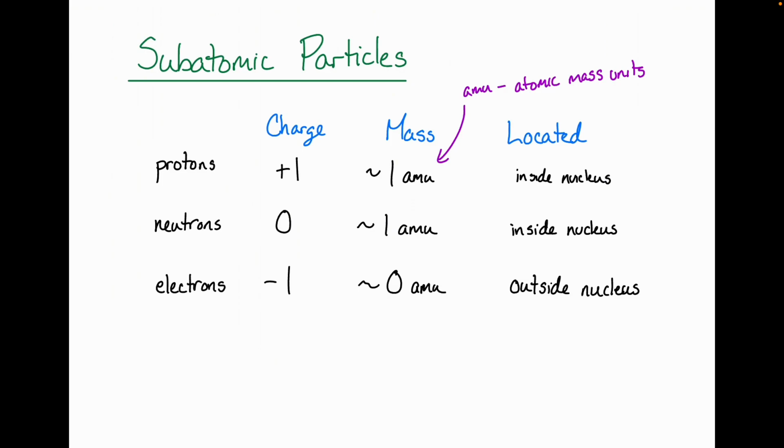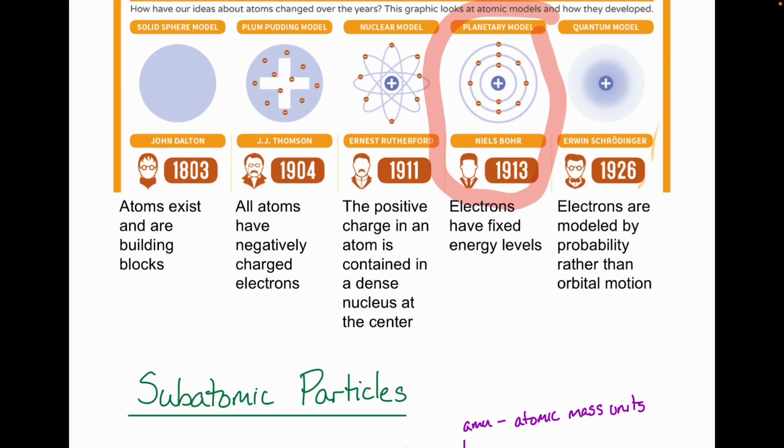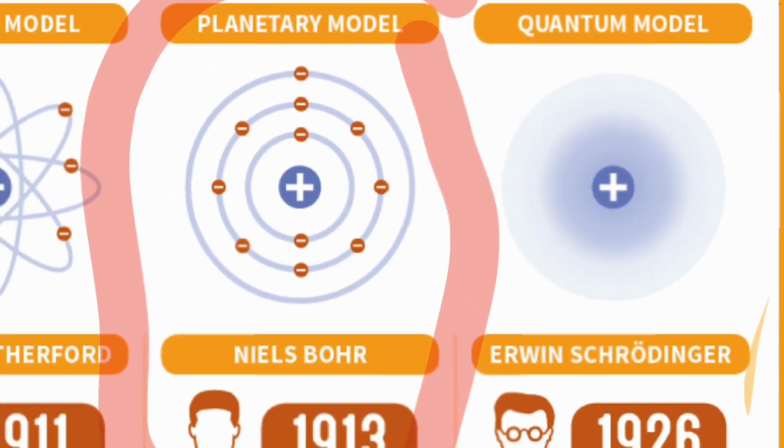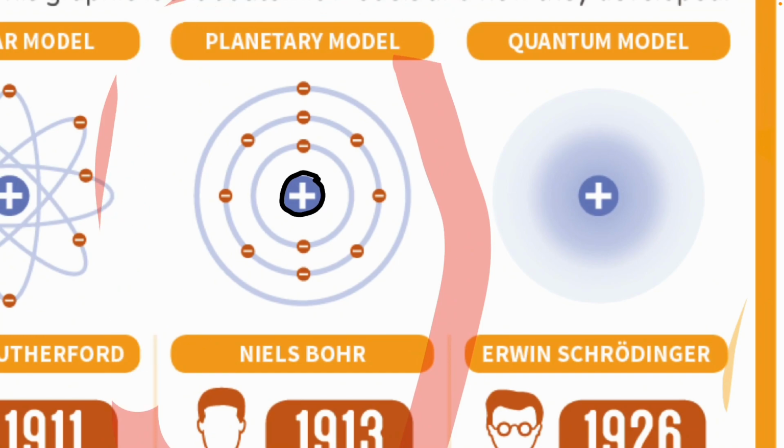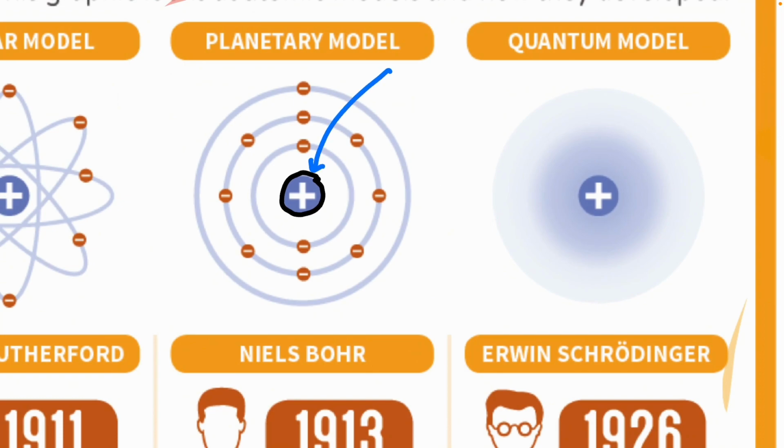So, if we look at our picture of an atom here, we see inside we have this very small, very dense core where all that positive charge lives, the protons and the neutrons, which we call the nucleus, right? So inside our atom here, we have this dense nucleus.